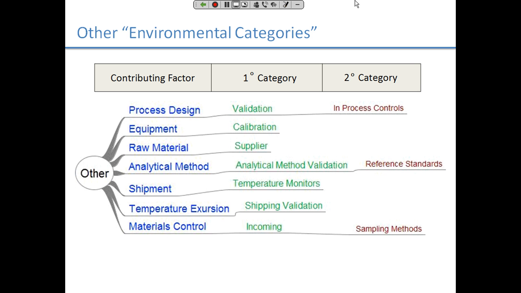The distinction between the others on this slide and the ones that were presented previously is that the others are very closely linked to the topic of human reliability.